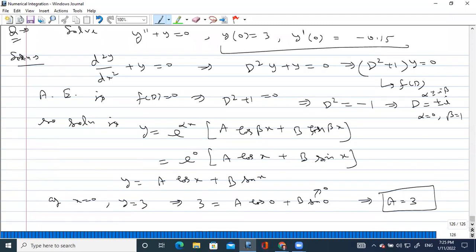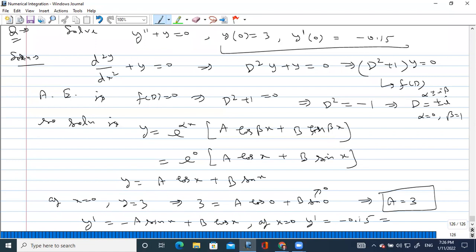Now you can get y dash, because y is this much. y dash will be how much? y dash will be minus a sin x plus b cos x. Now for y dash also I have an answer. At x equal to 0, y dash is equal to minus 0.15. Understood?